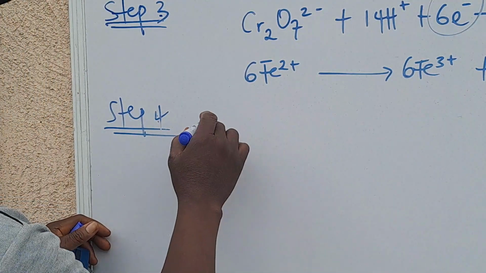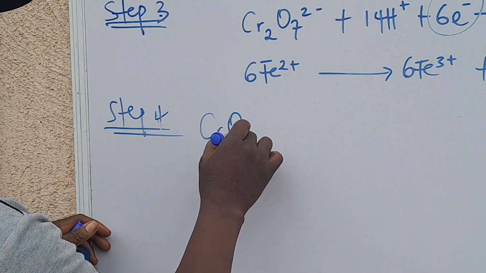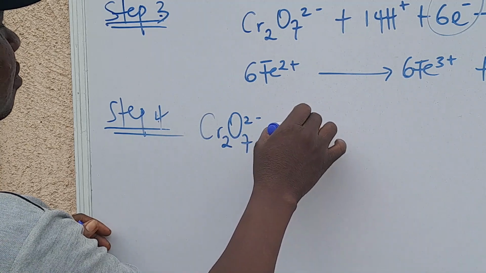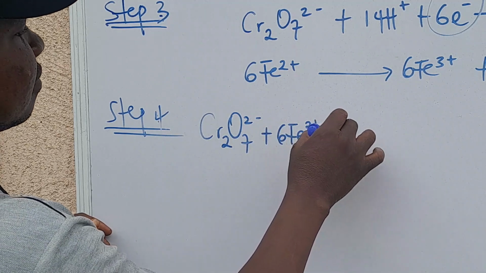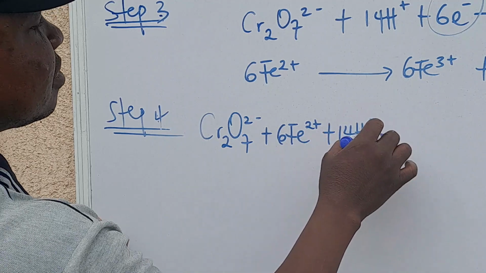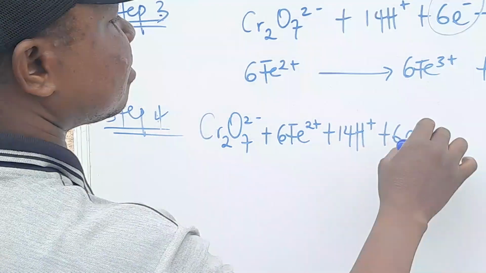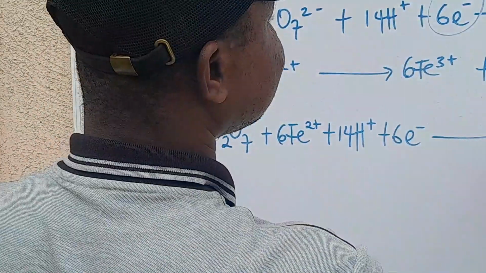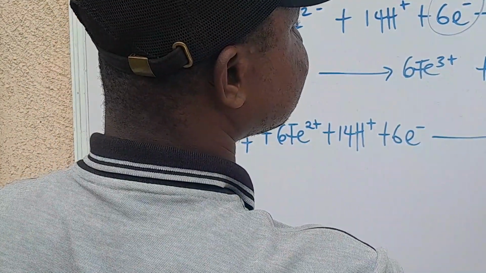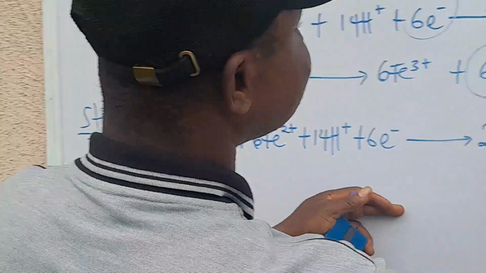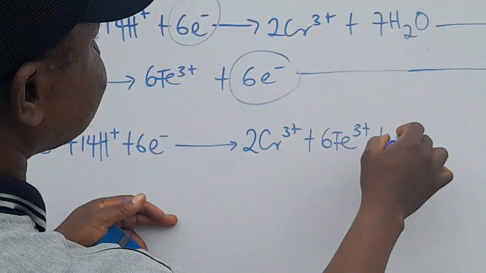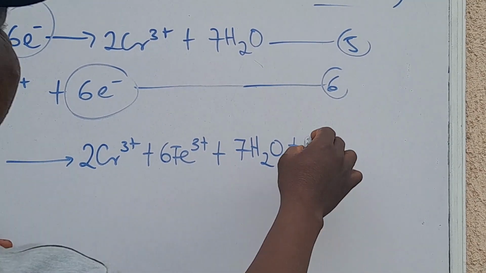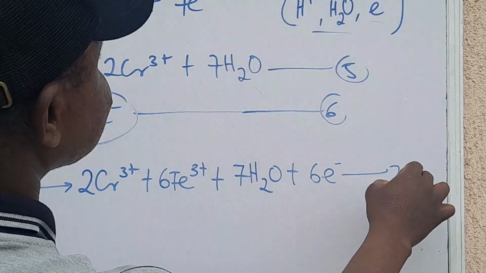So let's combine reactants: Cr2O7 2- plus 6Fe2+ plus 14H+ plus 6e- going to 2Cr3+ plus 6Fe3+ plus 7H2O plus 6e-, equation 7.